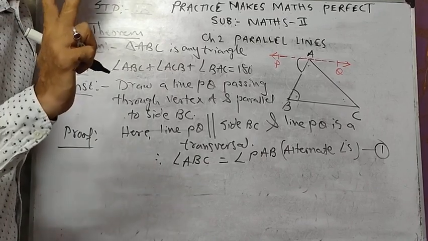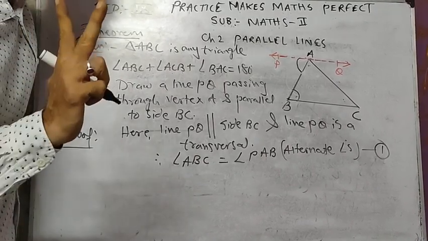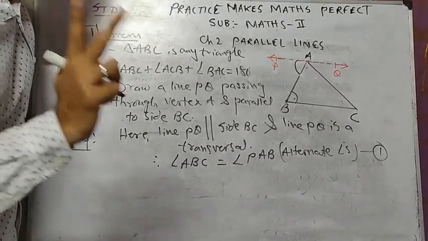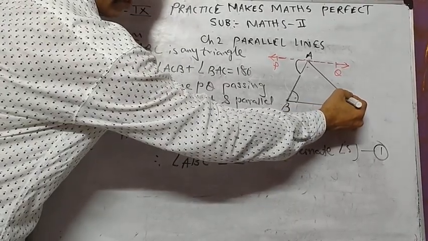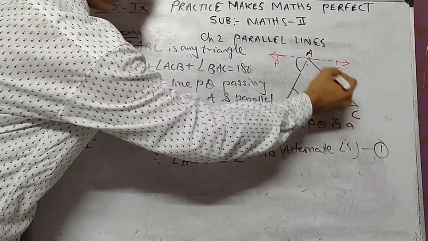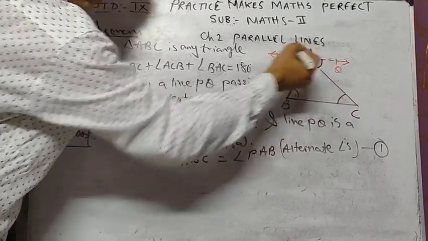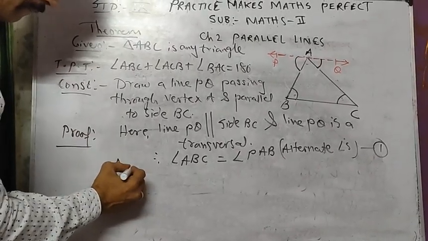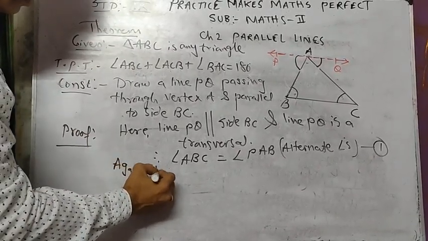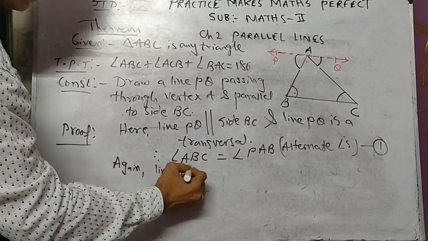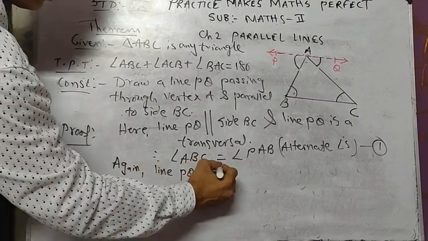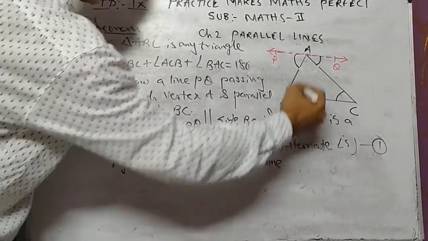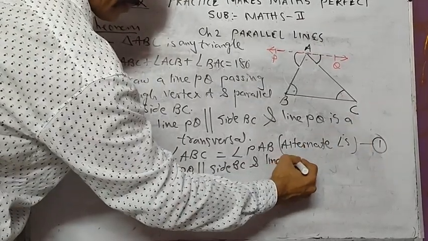Now second time also you will take the help of alternate angles. Again line PQ is parallel to side BC and line AC is the transversal.